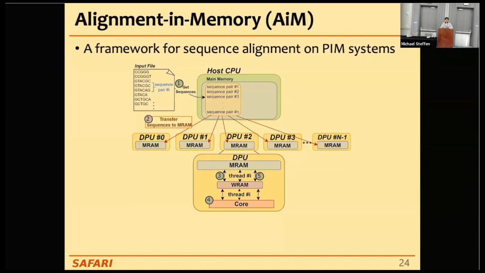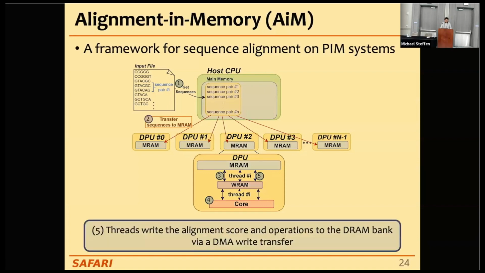Challenges arise when we need to manage the WRAM efficiently. For example, when we need to manage the scratchpad, which is of quite small size, in an efficient manner. And we are going to elaborate on that in a couple of slides. So in the next step 5, threads write the alignment score and operations to the DRAM bank via a DMA transfer.